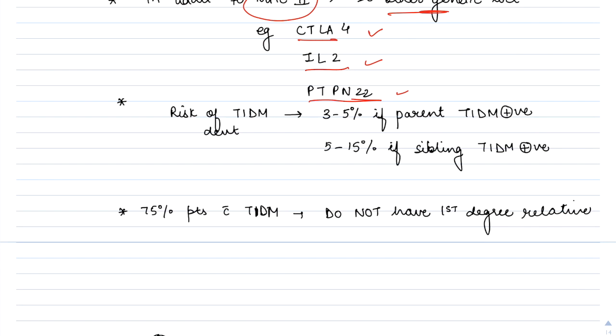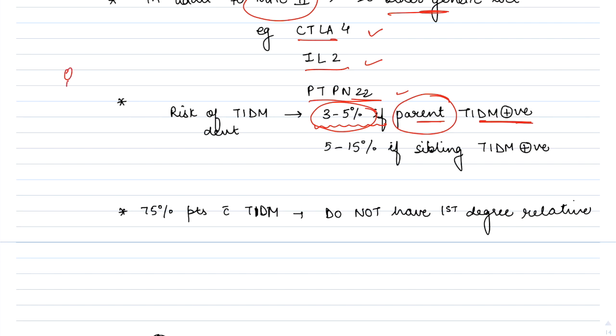Because there is a very low risk of inheritance of type 1 diabetes, if one parent is positive for type 1 DM, the risk of diabetes in the son or daughter is only 3 to 5%.